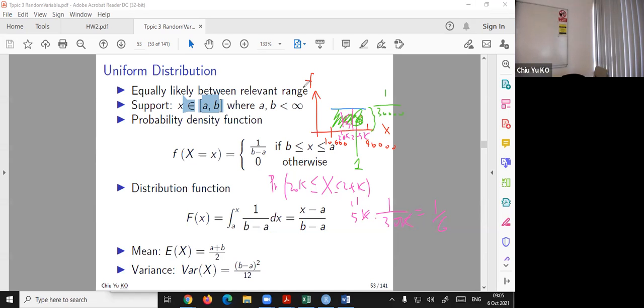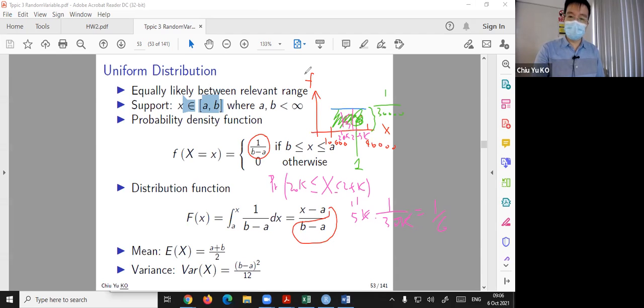Now, the most commonly used is this one, the distribution function. Okay, forget about this integration. This area, right? Will be x minus a over b minus a. The reason is very simple. This formula again. This guy 1 over b minus a is f of x, right? Which is the height of the rectangle.